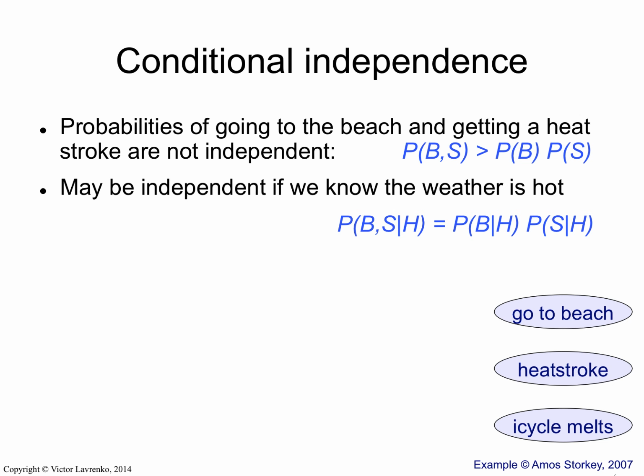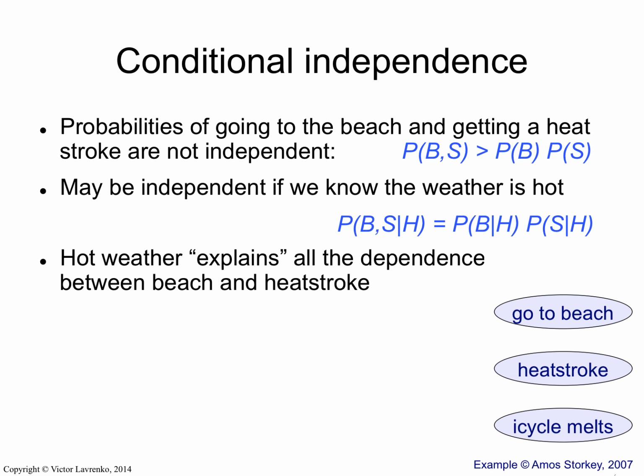The conditional independence says that behind the scenes there's this hidden factor H, whether the weather is hot or not, and if you factor that into the equation, going to the beach and getting a heat stroke are actually independent of each other, right? Because it's the hotness of the weather that determines both events.